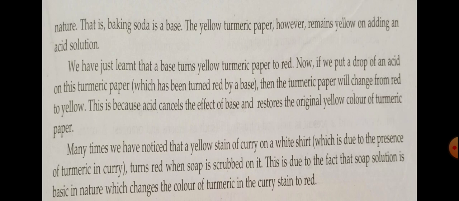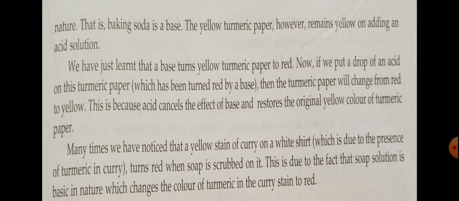If we put a drop of acid on this turmeric paper, then it will change from red to yellow. This is because acid cancels the effect of base and restores the original yellow color of turmeric paper.